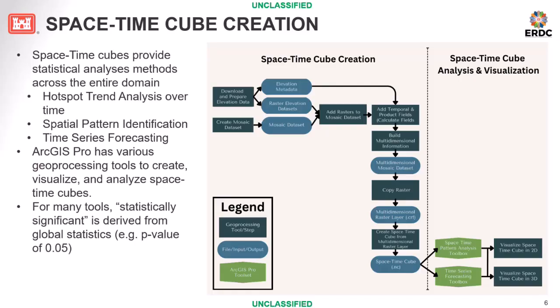And when we talk about these tools, and we talk about statistically significant findings, for many of these tools, statistically significant is based off of the global cube statistics. Occasionally, it might be based off of a neighborhood statistic where the user defines a certain neighborhood size in terms of a number of meters or number of cells.